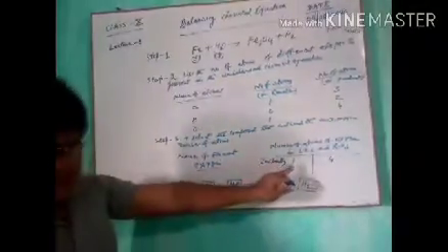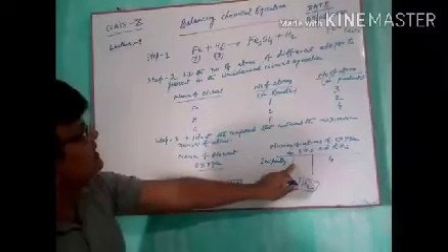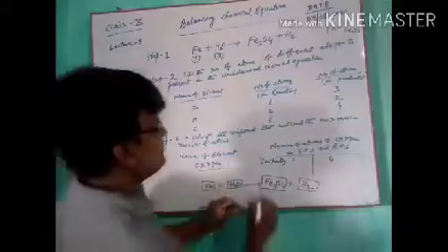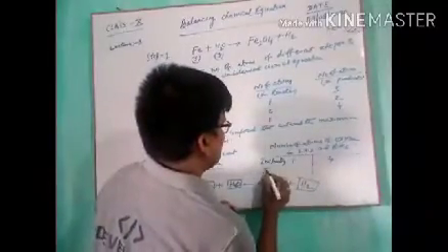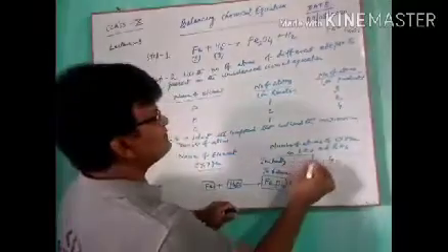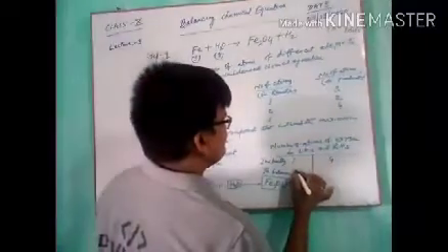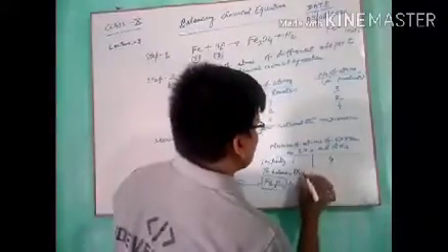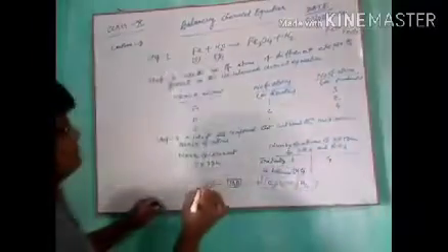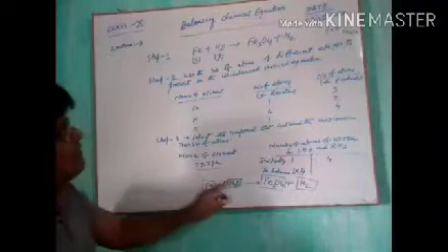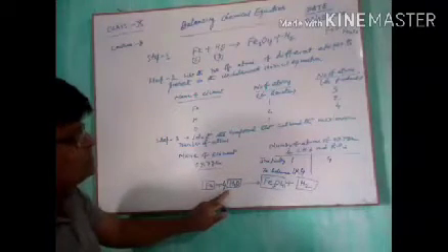Initially the number of oxygen atoms is 1 in the reactant part and 4 in the product part. To balance, we multiply on the left hand side by 4. Now our oxygen atoms have become balanced.